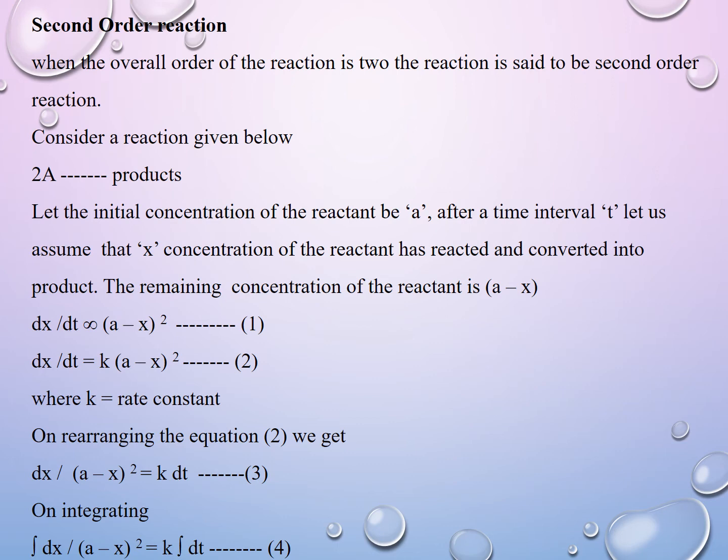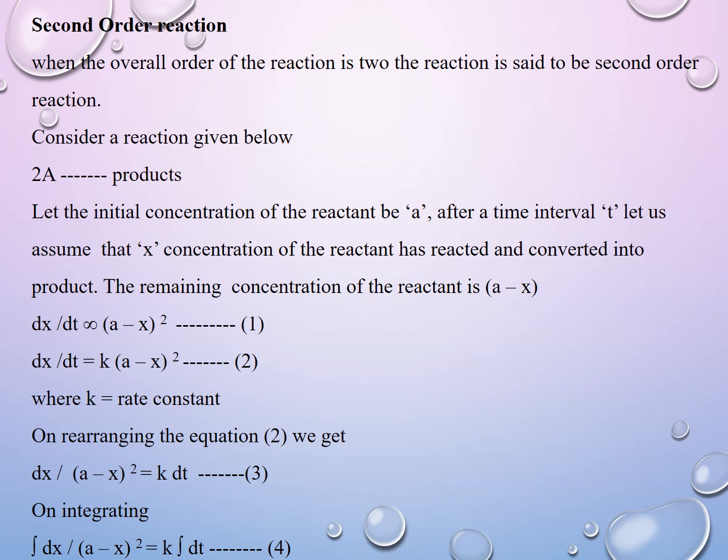Now, the rate equation dx by dt is directly proportional to (a minus x) the whole squared, since it is second order. Now, to remove the proportionality sign, we introduce the constant. So the equation becomes dx by dt is equal to k into (a minus x) the whole squared, where k is the rate constant.